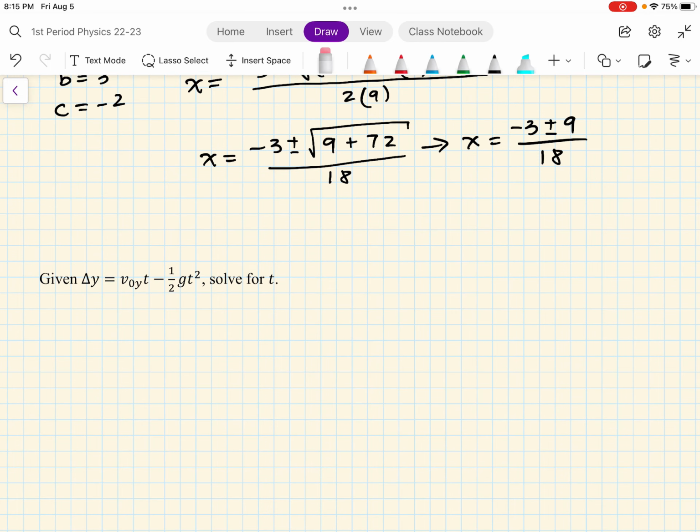Now it is not in standard form, right? So I'm going to rewrite it, but do a little bit of rearranging. So I'm going to say negative 1/2 gt squared plus v naught y t is equal to delta y.